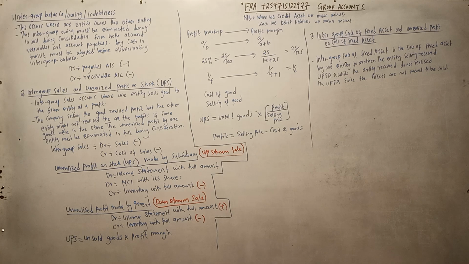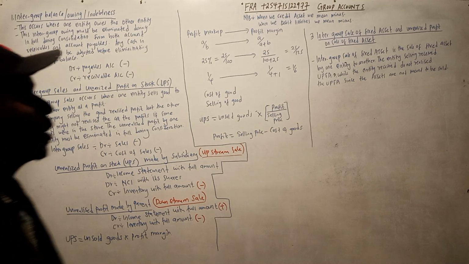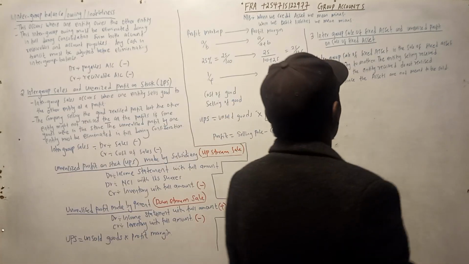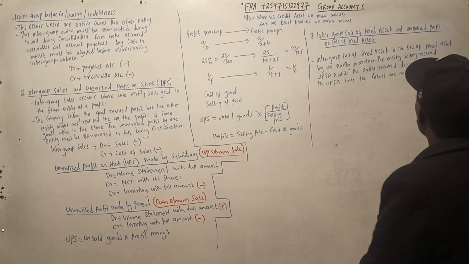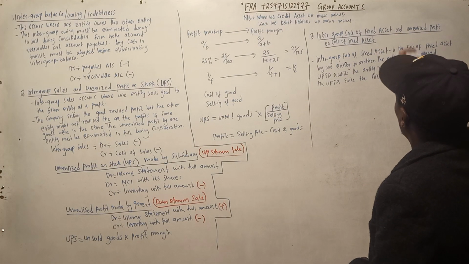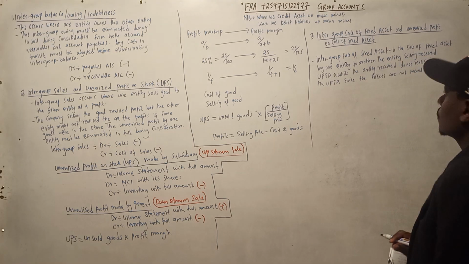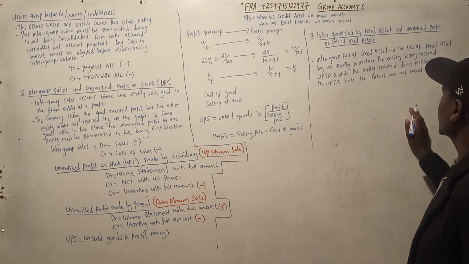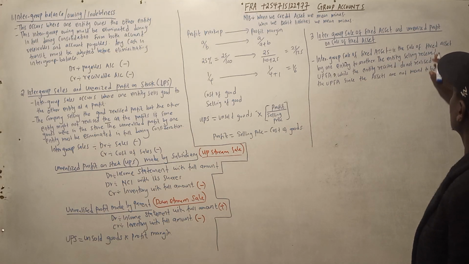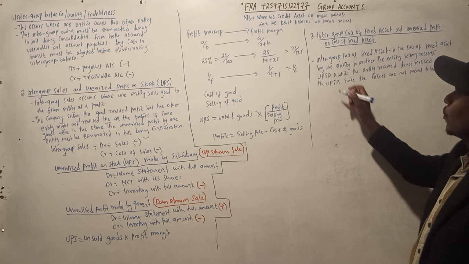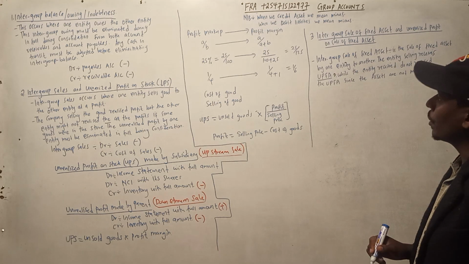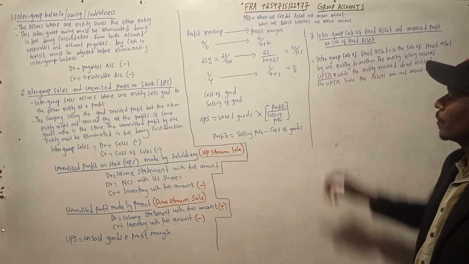Intergroup sale of fixed asset refers to the sale of fixed asset from one entity to another. The entity selling receives the unrealized profit. So when I talk about the UPFA, I mean the unrealized profit on fixed asset.